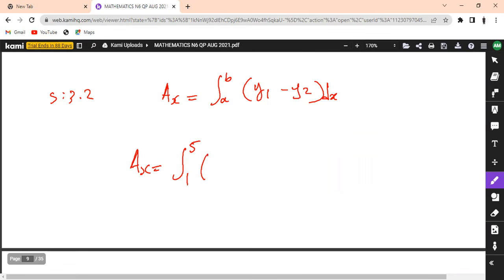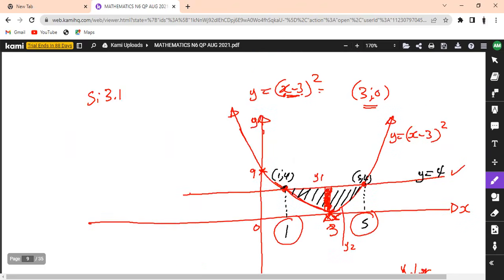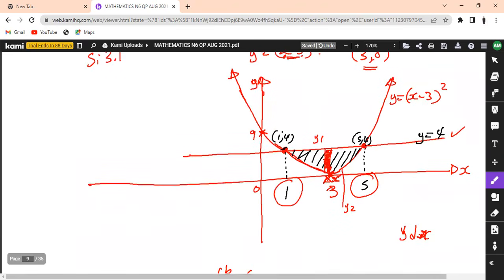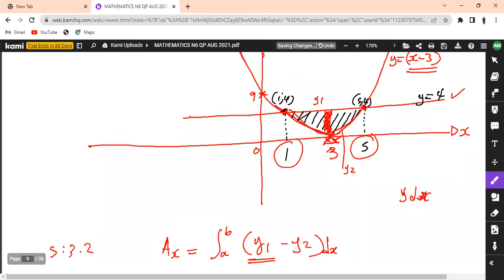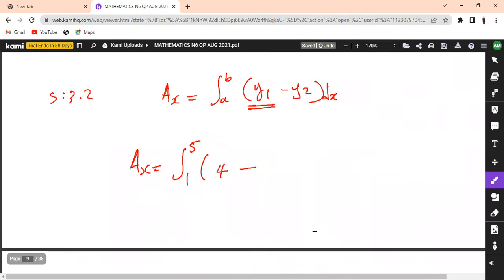And we said our y1 in this case is 4 minus y2, which is the graph that is at the bottom here. This one is the one that is below, according to this region. So that is your y2, which is x minus 3 squared. So you have to subtract x minus 3 squared with respect to x.